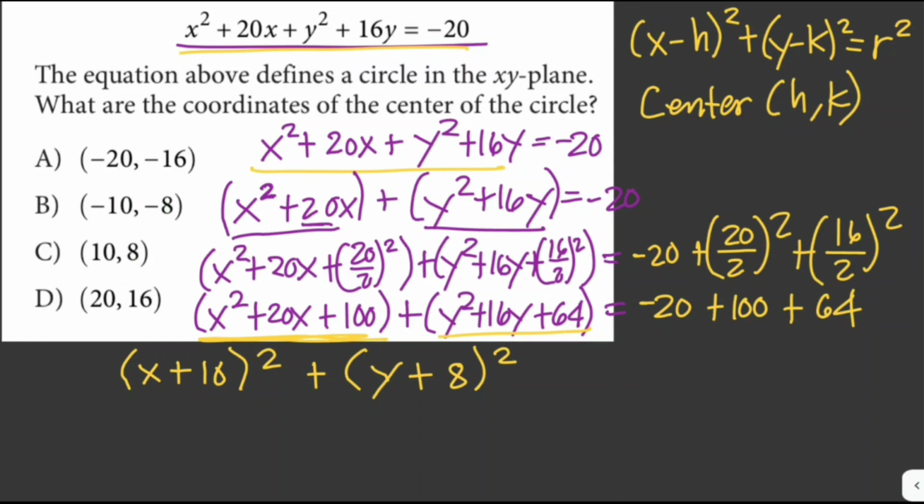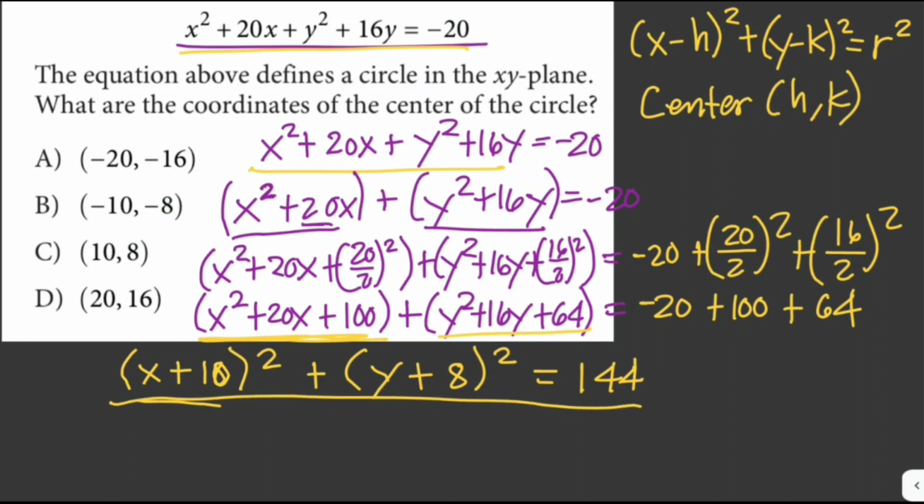You can always check using the FOIL method, that is x plus 10 times x plus 10, plus y plus 8 times y plus 8. And on the right, negative 20 plus 100 plus 64, that is 80 plus 64, so this is just equal to 144. And now we have the equation of the circle.